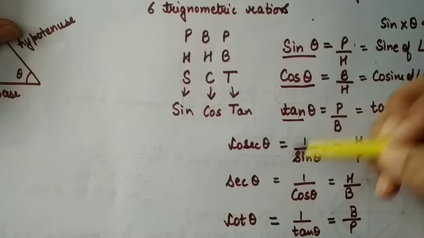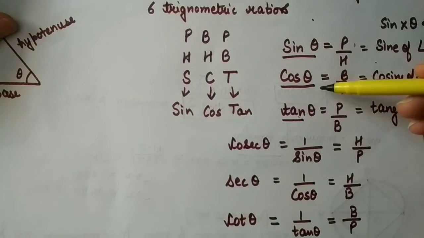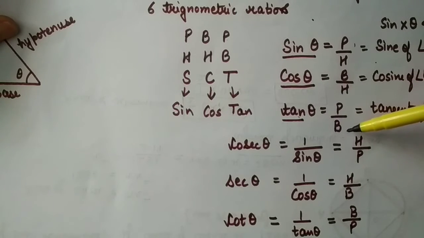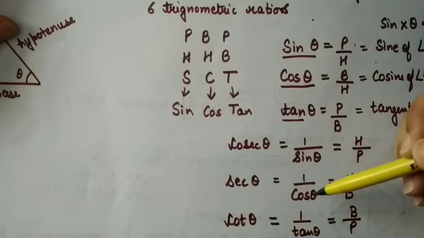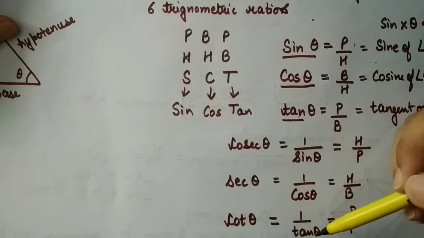So these are the 6 trigonometric ratios that you have to remember. So sine theta is perpendicular upon hypotenuse, cos theta is base upon hypotenuse, tan theta is perpendicular upon base, cosecant theta is reciprocal of sine, secant theta is reciprocal of cos theta, and cot theta is reciprocal of tan theta.